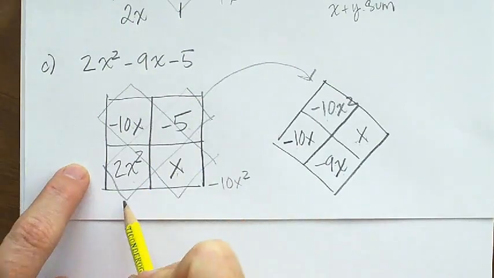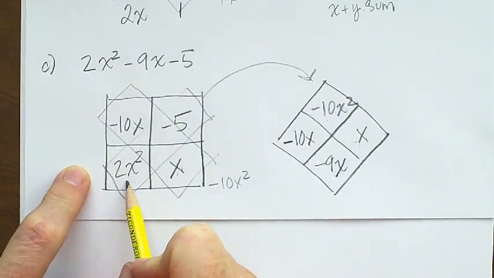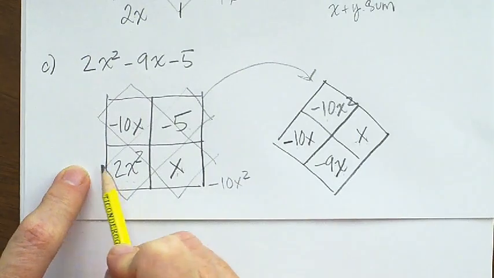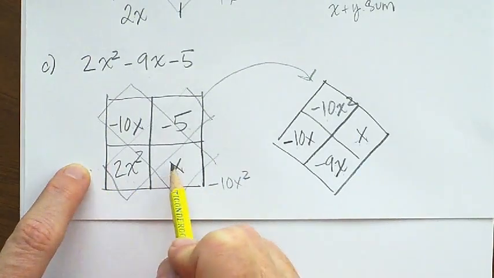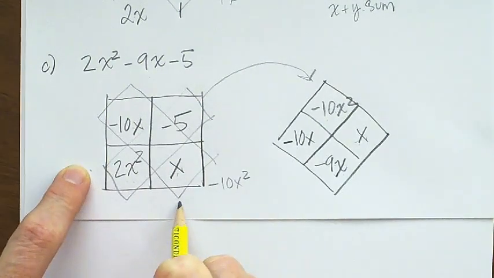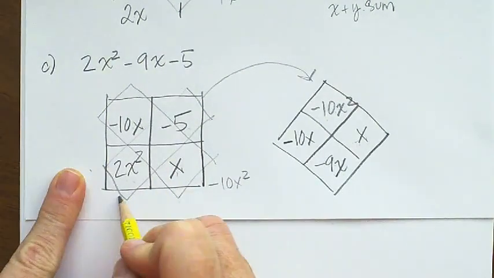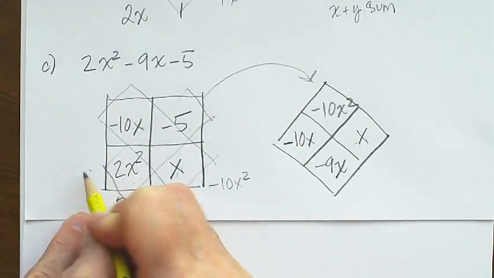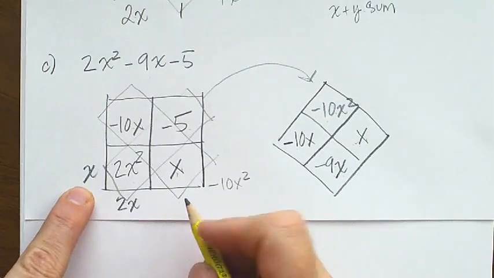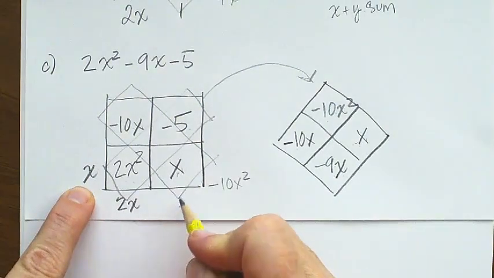We know that 2x times x would give us 2x squared, but we've got to be careful about where we put the 2x. It can't go here because I can't multiply 2x times an integer, and we're looking for integers here, and get x. So the 2x has to go on the bottom and then x on the side. Okay, so x times what would give me x?